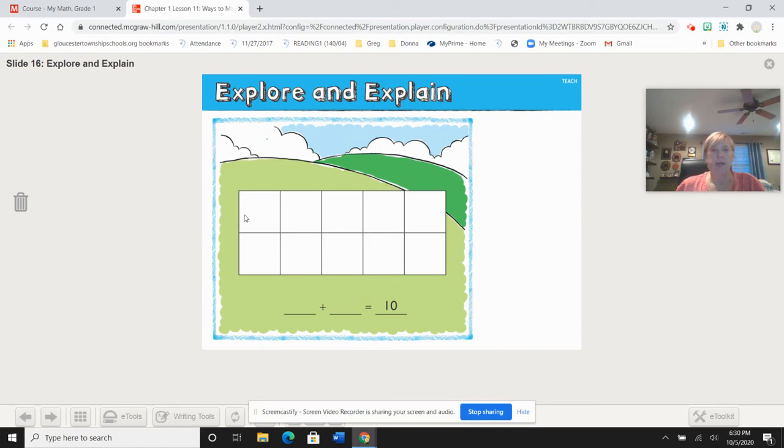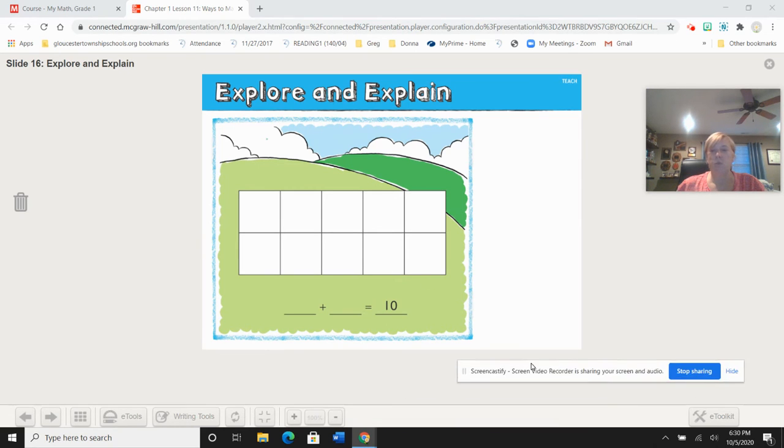Well, let's check. 1, 2, 3, 4, 5, 6, 7, 8, 9, 10. Now, if you also notice the way I counted, I started at the top left and moved across all the way to the right, and then came down and started at the bottom left and moved across to the right.